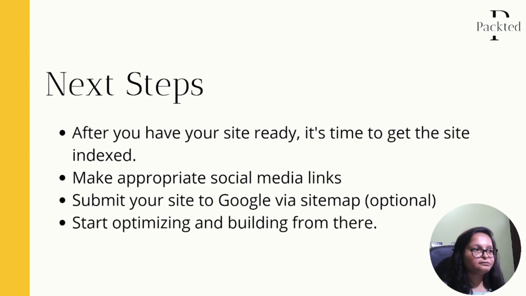And I think in WordPress, robots.txt also comes by default. You don't have to make it. The plugin will make the sitemap for you, and then you can submit it to Google. Or you don't have to. It is an optional thing. And then you can start optimizing and building from there. So there you have it. These were the basic steps that you need to take, and then it's fine. Now you can do your SEO and your content and everything from there.